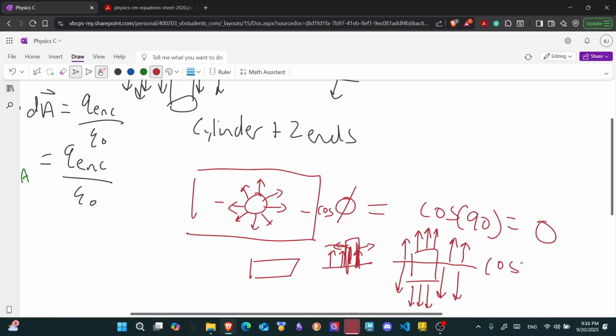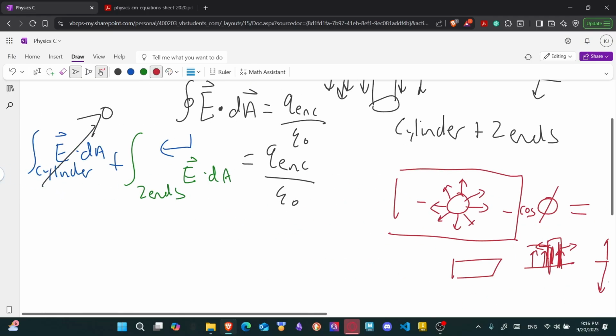So cosine phi is equal to cosine 0, which is equal to 1. So this is good. Okay, so that leaves us with the integral of the two ends, E dA, is equal to Q enclosed over epsilon naught.